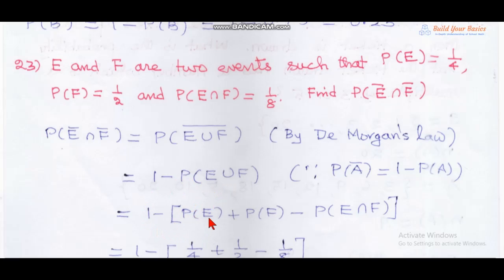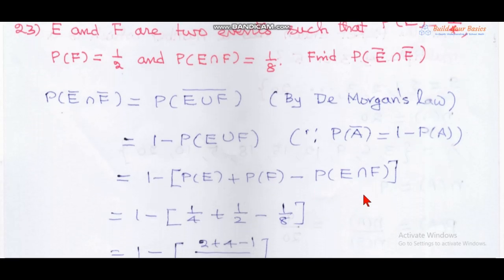That is, probability of E plus probability of F minus probability of E intersection F. That is 1 minus bracket, probability of E 1 by 4 plus probability of F 1 by 2 minus probability of E intersection F 1 by 8.